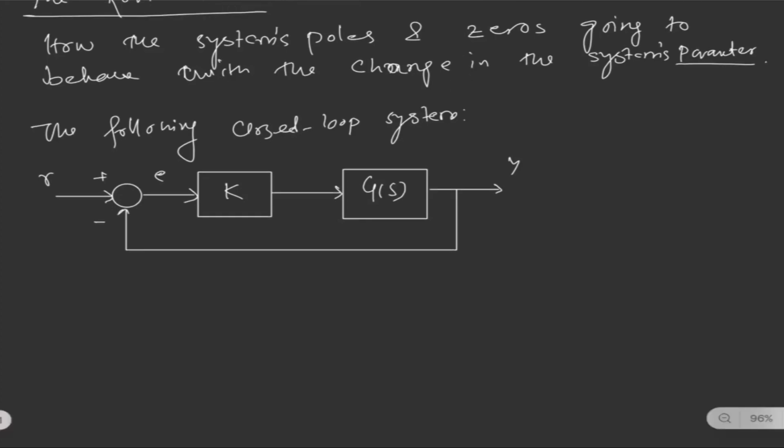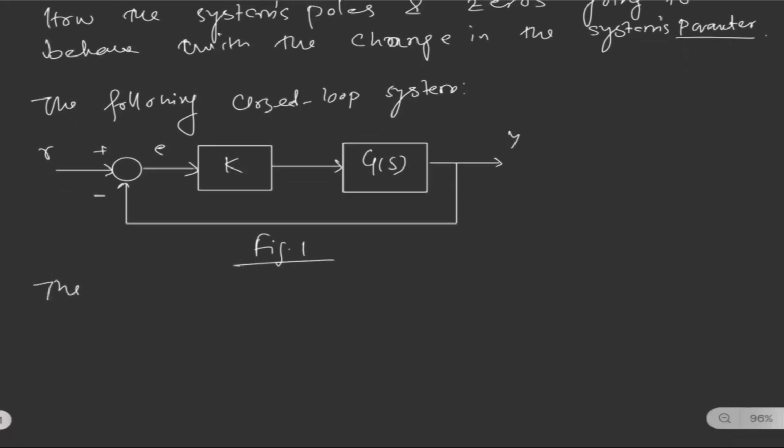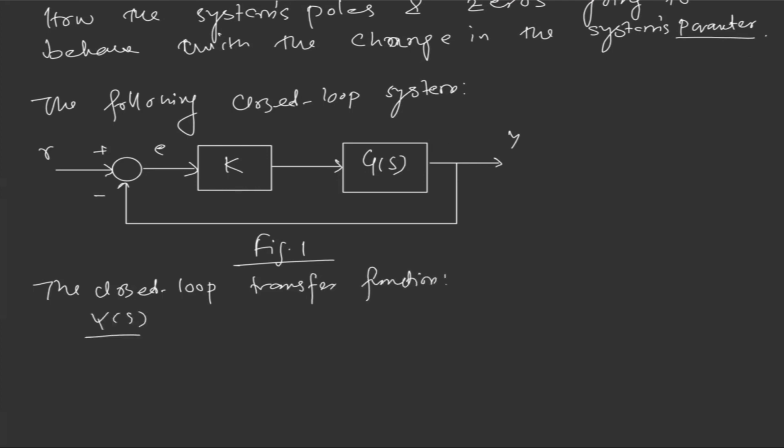The closed loop transfer function from this figure 1 can be written as Y(s) divided by R(s) equals K G(s) divided by 1 plus K G(s).